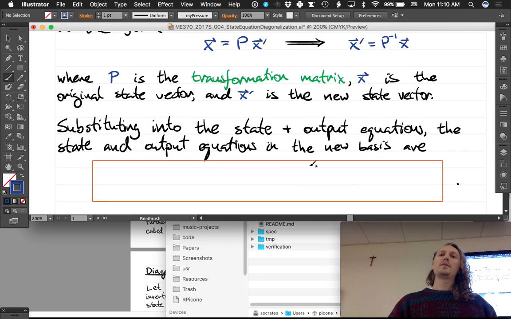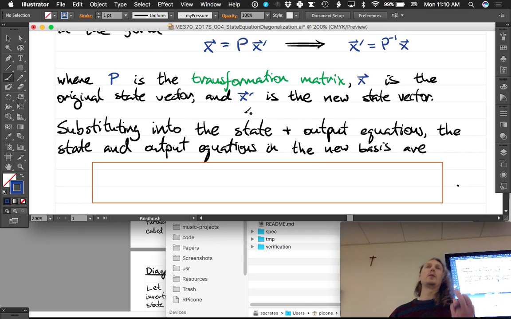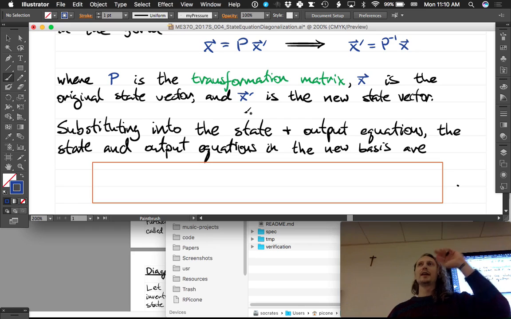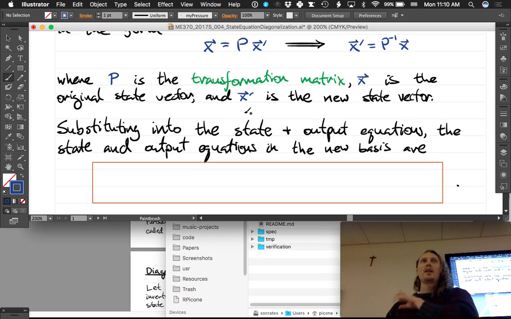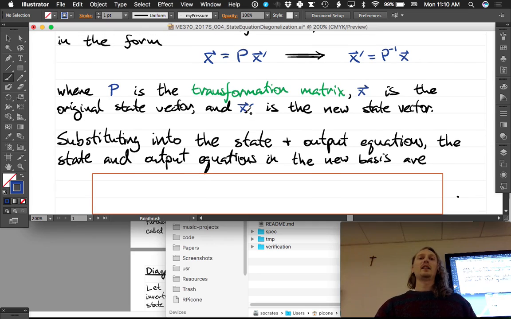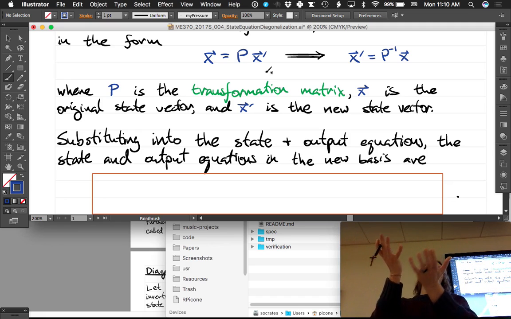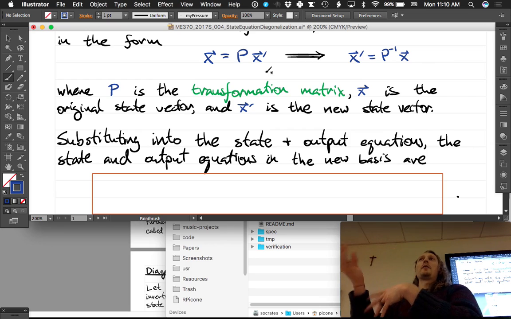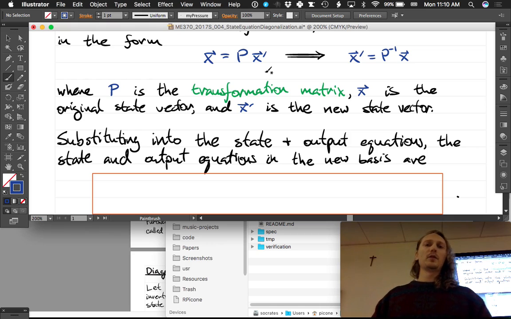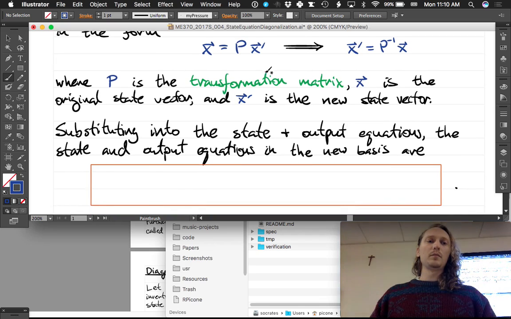We just take the state equation, which is just x dot equals Ax plus Bu, right? And we just plug in x equals P x prime. And we just simplify it down and write it as x prime dot equals whatever the new A matrix is, times x prime, plus whatever the new B matrix is, times u. Okay, so that's all we're going to do. It's pretty straightforward, just plugging it in and moving things around.